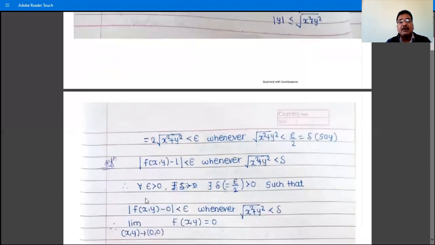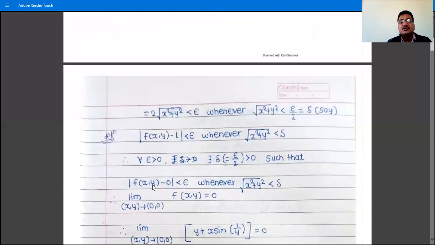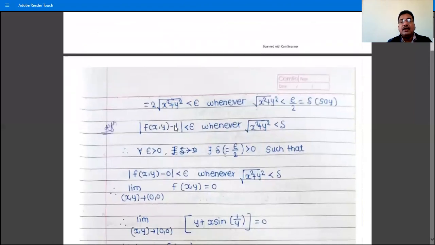And therefore what do we have? We have mod fxy minus 0, right here 0, is less than epsilon whenever root x square plus y square is less than delta. This is the definition. So what do we have? We have for every epsilon greater than 0, there exists delta. Don't write this statement, the definition. No need to write the definition here.